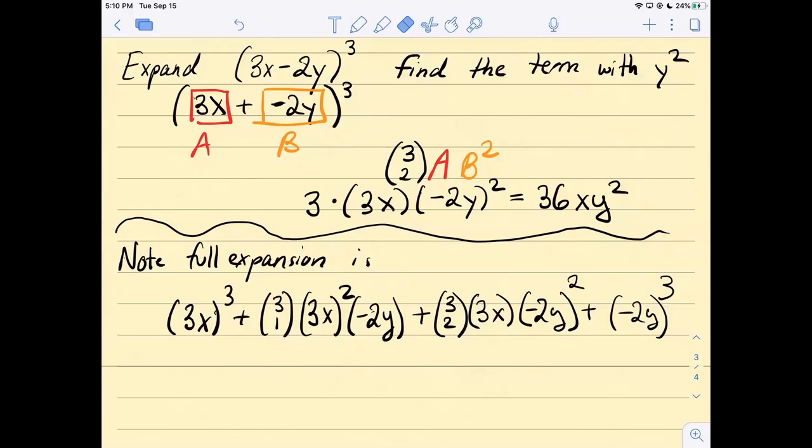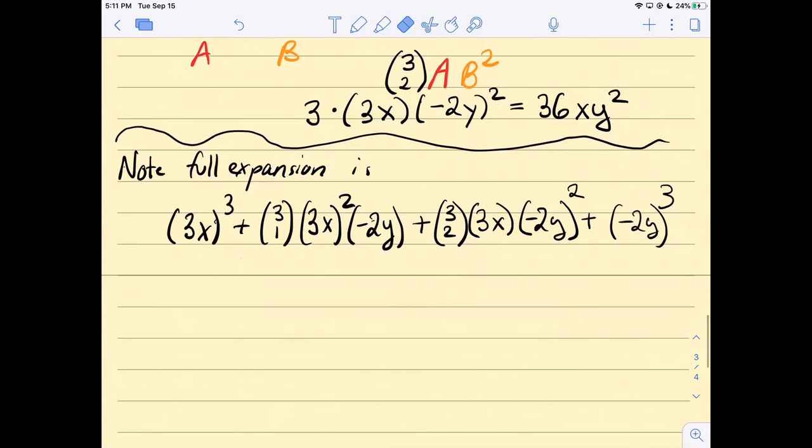Some of them, the numbers are a little bit big. So for example, if it asks something like this, let's do one that's similar to the homework.